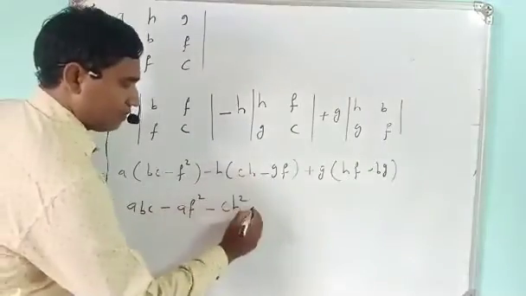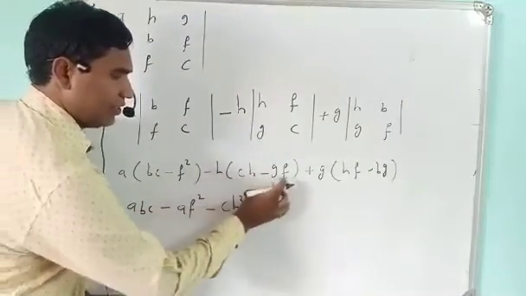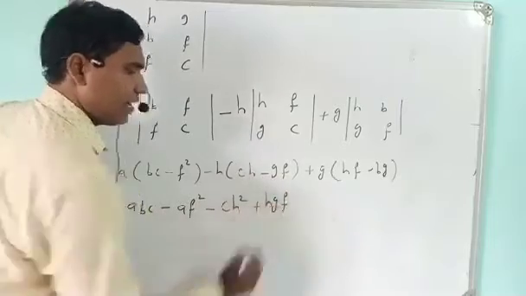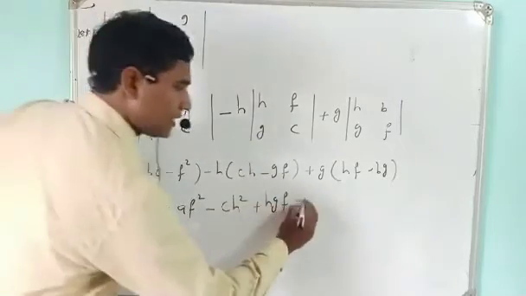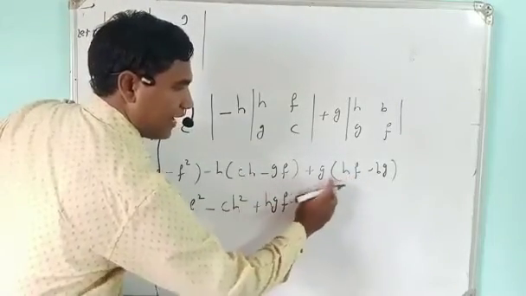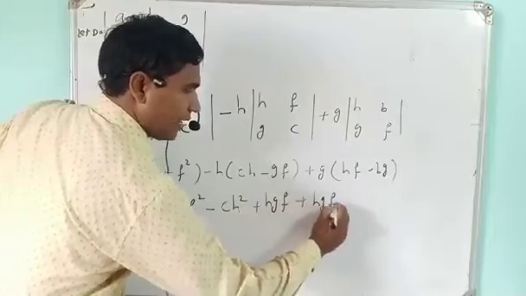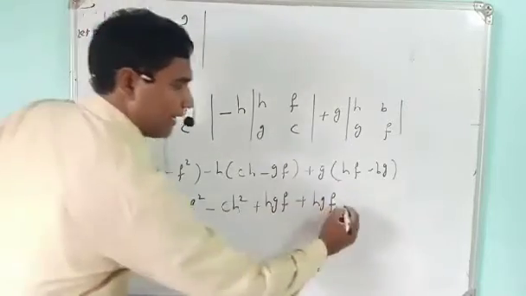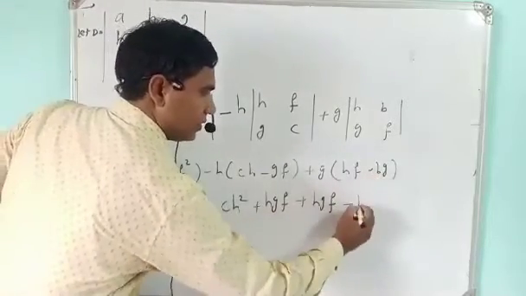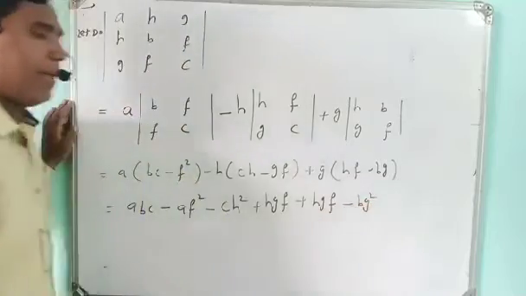This minus becomes plus. It is HGF plus GHF or HGF. Both are the same one. HGF minus BG into G, BG square.